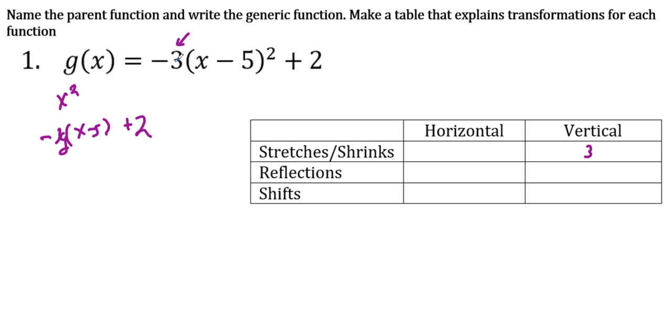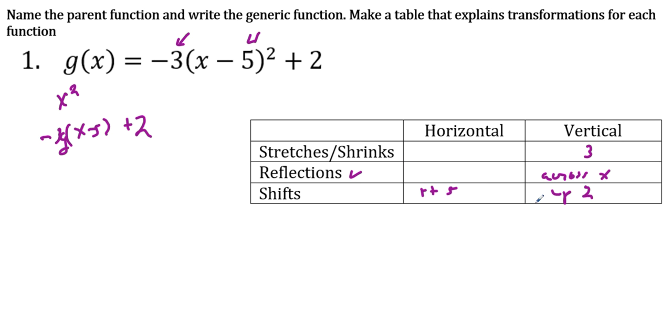We do have a reflection across the x-axis, so it's going to be reflected across the x. I could put that right here, okay? And then, of course, we have our translations. We have a shift to the right 5, okay? And we're going up 2.